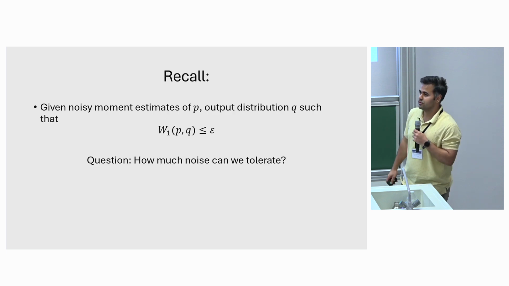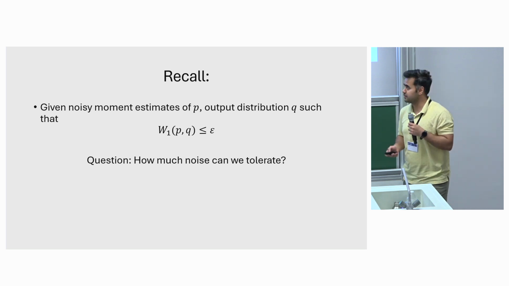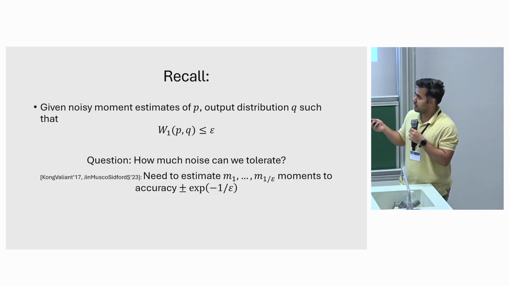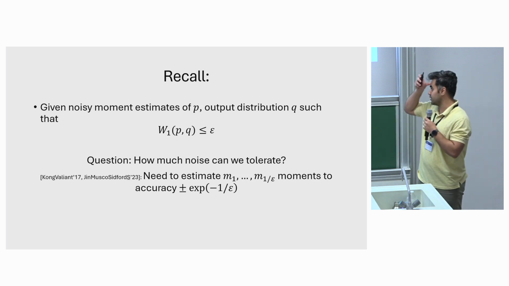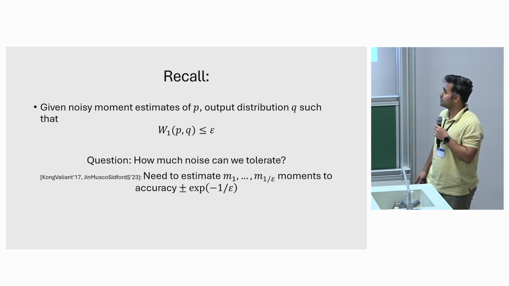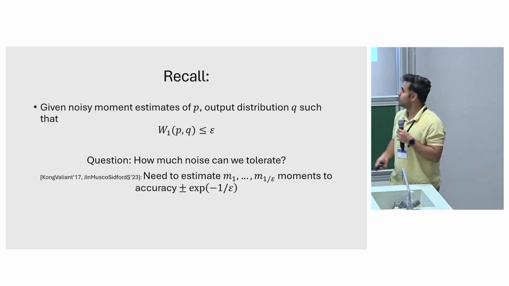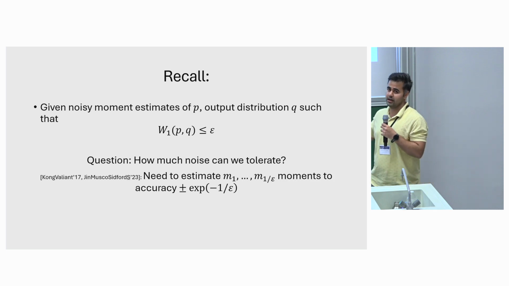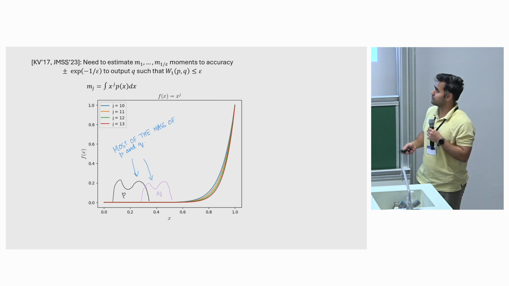Okay, so the question I want to ask is how much noise can we tolerate in the moments? Kong and Valiant gave an algorithm, and Jin, Musco, Musco, and myself gave a matching lower bound, which says that you need to estimate the first 1 over epsilon moments to accuracy exponentially high in epsilon. I want to give a quick intuition for why that is the case.